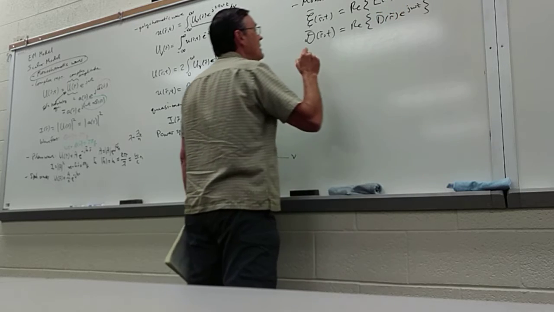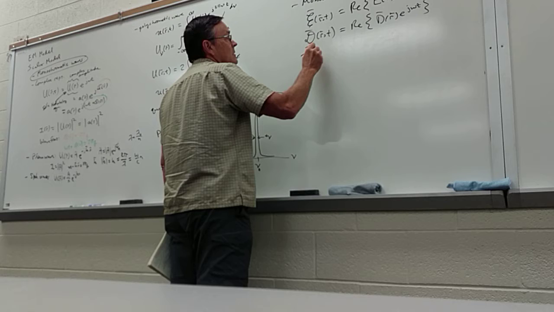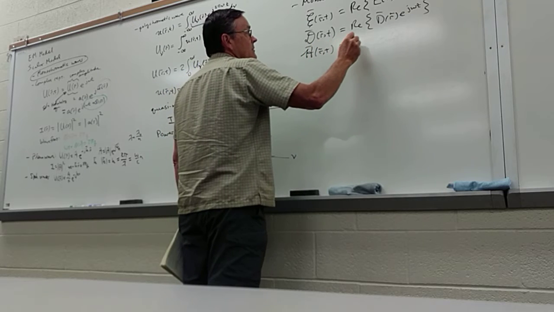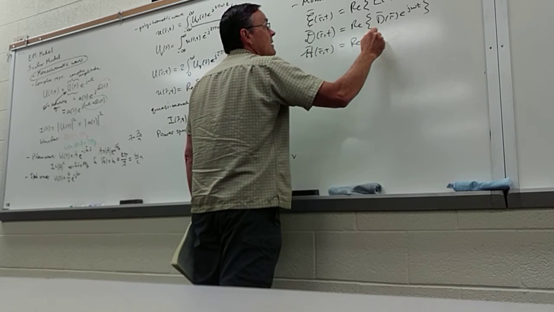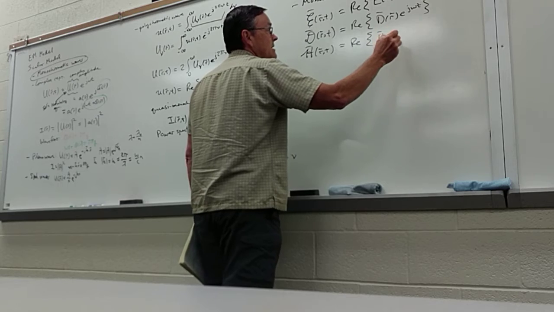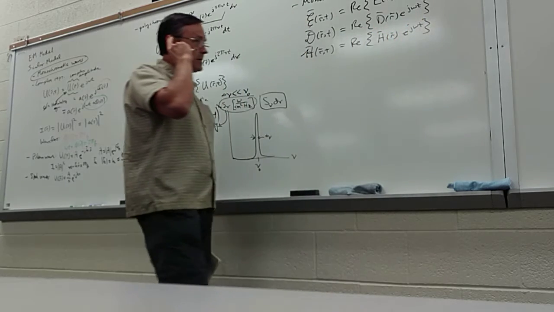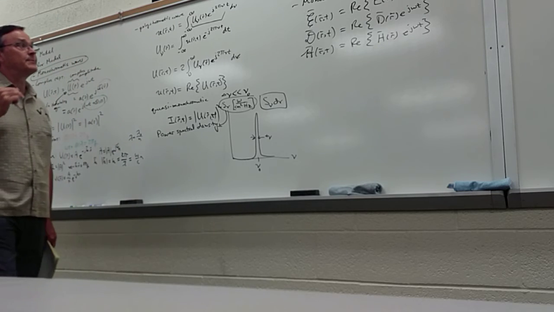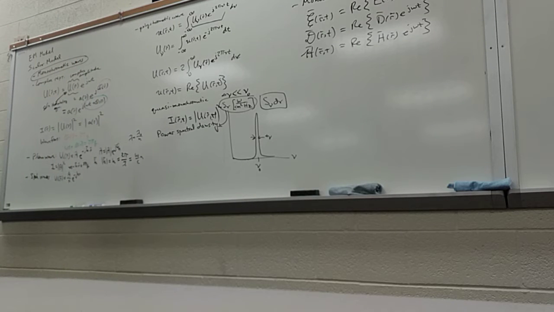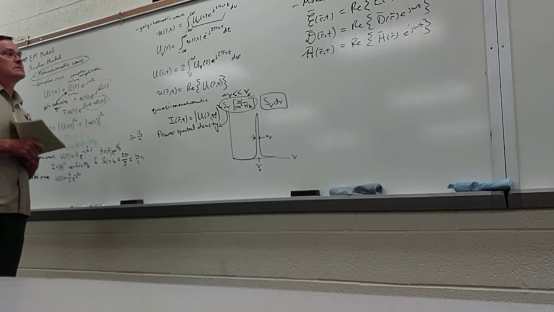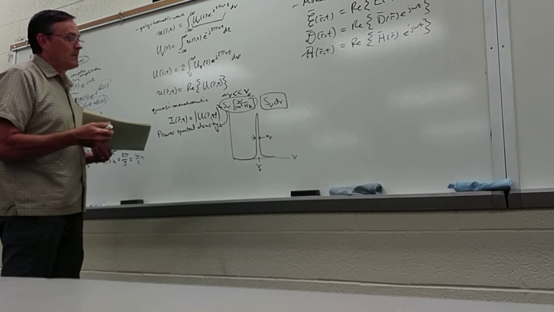And likewise, for the magnetic field, we can do the same thing and write it as a complex amplitude vector times e to the j omega t, etc. for the magnetic flux density, on and on. Okay, and notice they're all of the same frequency. So if we have a monochromatic wave, all of the field quantities are oscillating with the same frequency.